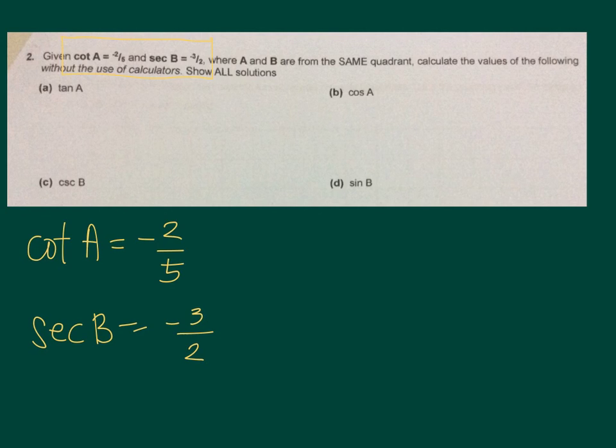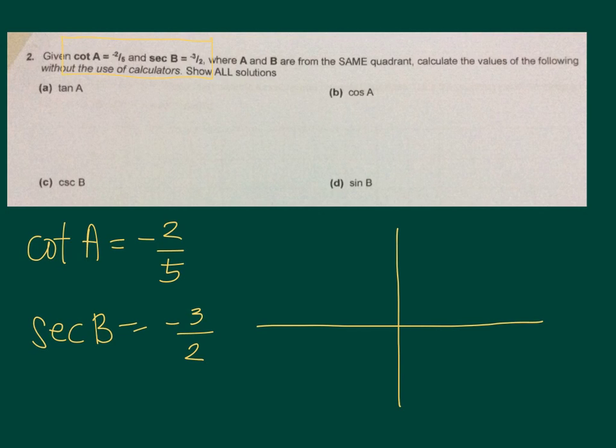So note that we are talking about two different angles here, namely A and B. The only thing that connects these two angles is that they are both from the same quadrant. Okay, so we need to identify what that quadrant is.